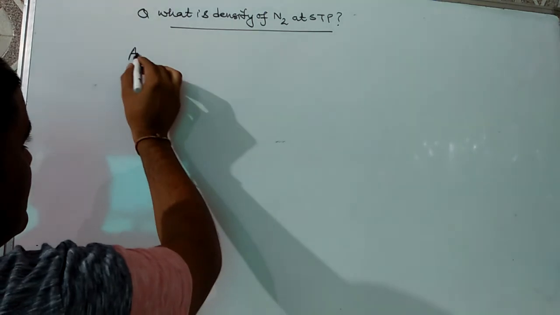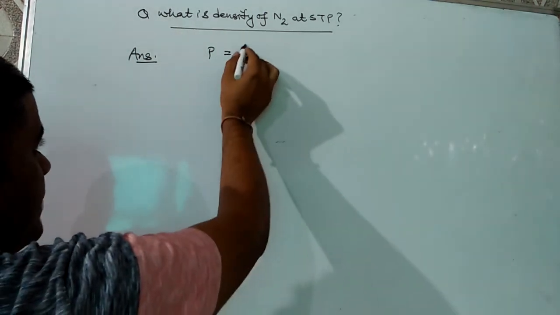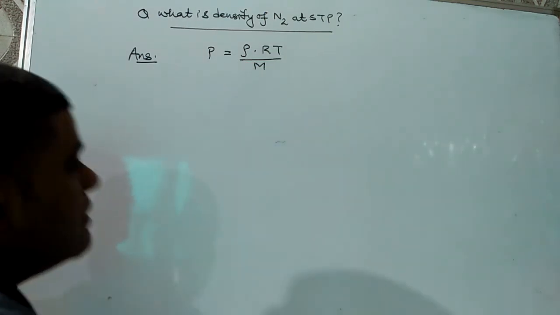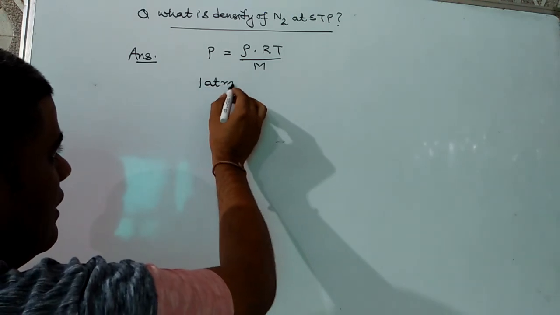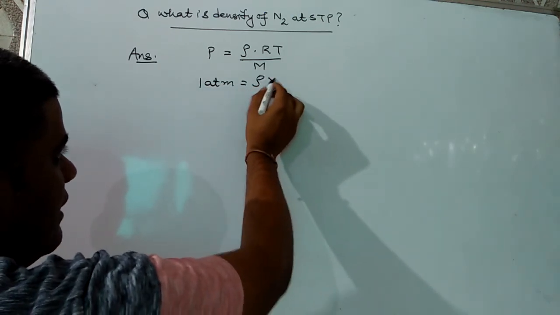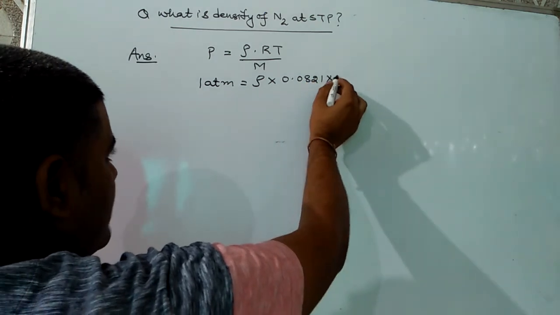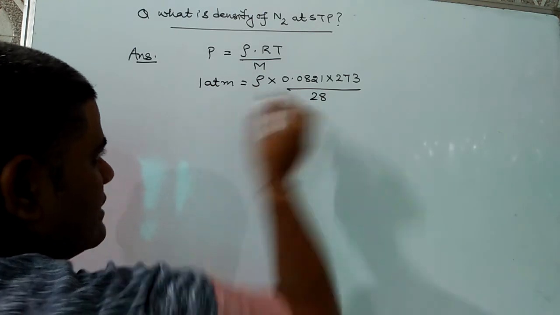As we know, the relation of pressure and density is P = ρRT/M. Pressure will be 1 atmosphere, density we need to find. Value of R in atmosphere is 0.0821, temperature is 273 Kelvin and molecular mass is 28.